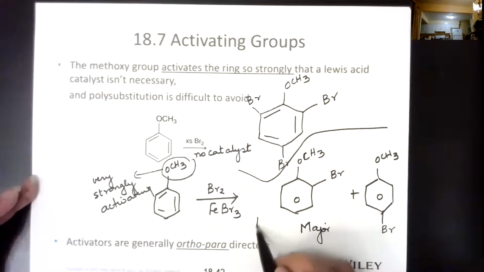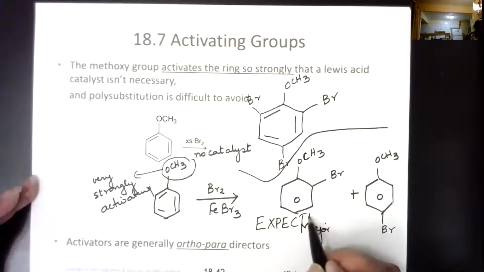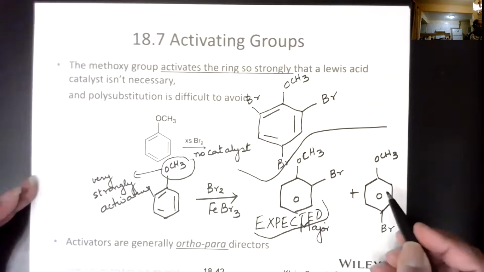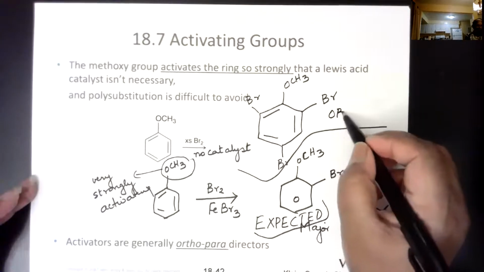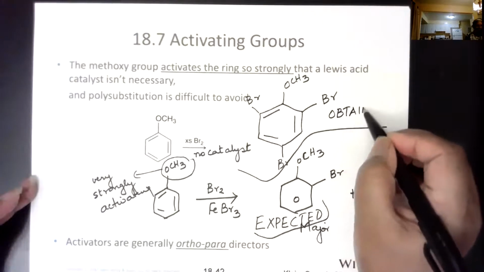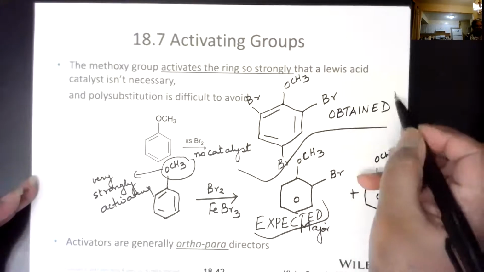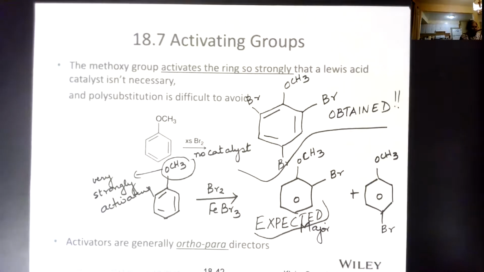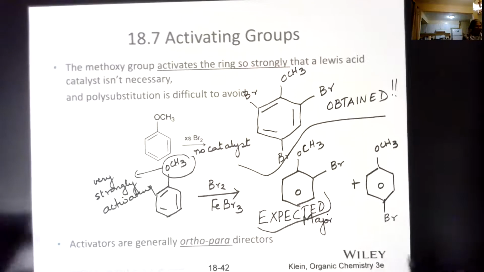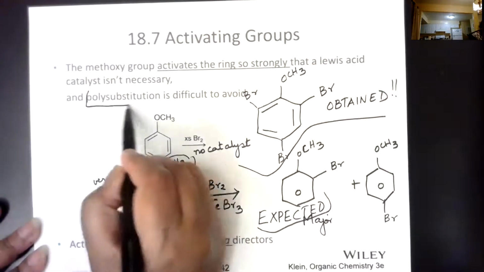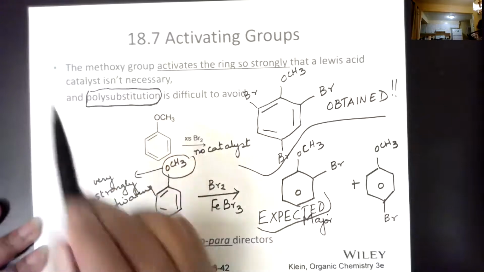Okay, so this is expected, and this is what is obtained. So it has to be controlled a bit. Even without a catalyst, polysubstitution occurs.